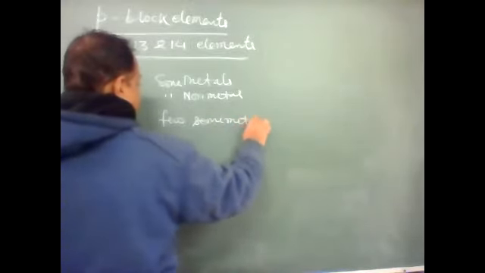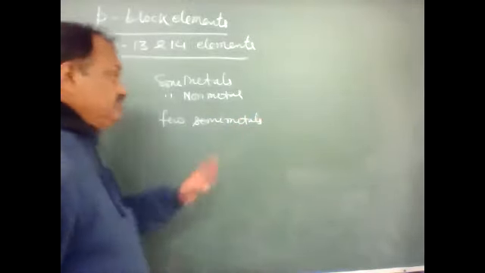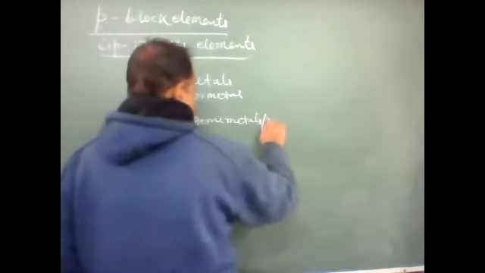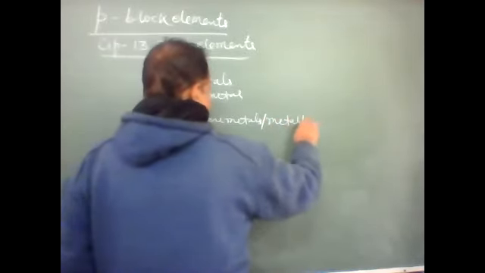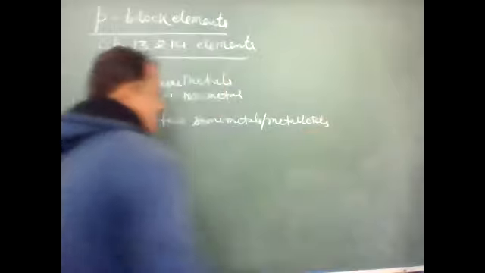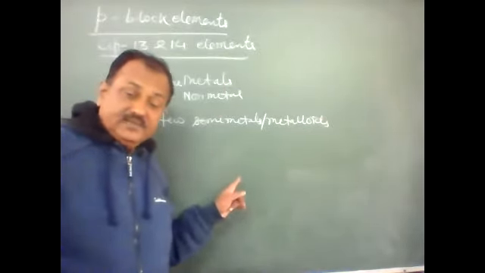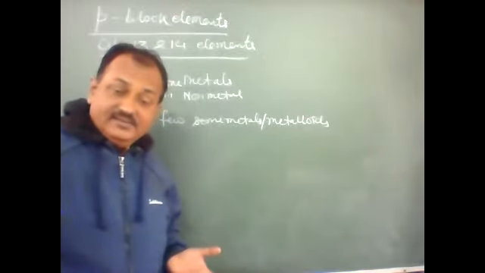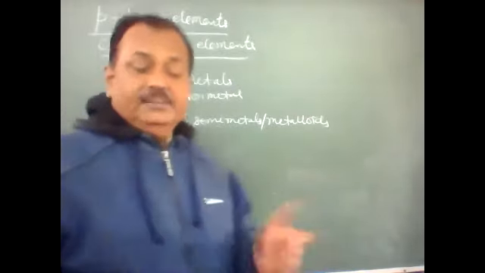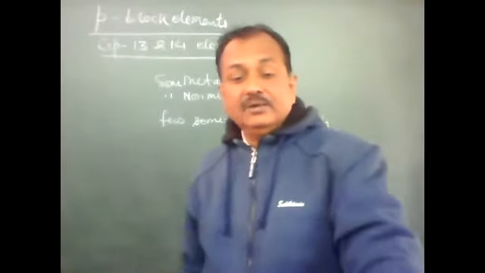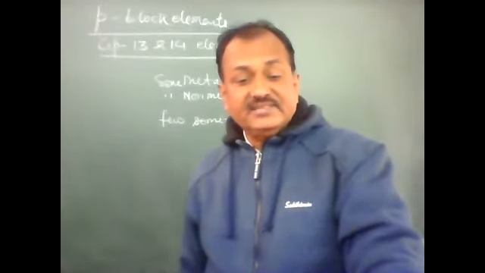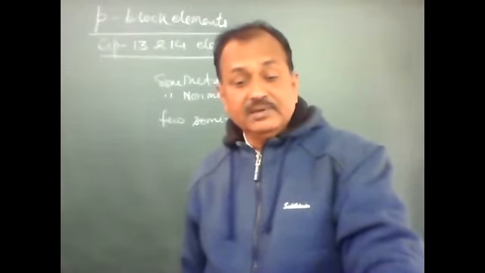Few semi-metals are present, and they are also called metalloids, like arsenic, and many more. So this is about some basic points related to the periodic table.